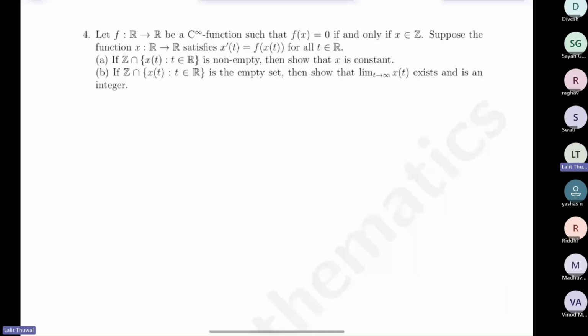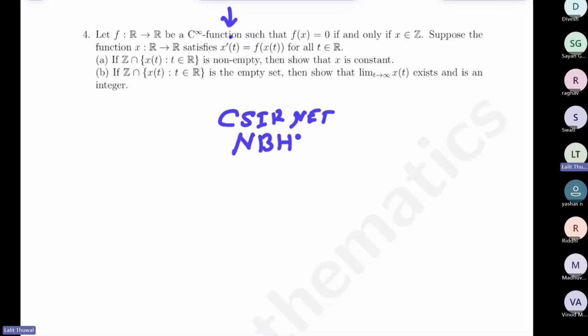And one thing I want to point out here is that these kinds of questions are often asked in different competitive exams. The same idea will be very helpful for you to solve ODE questions from CSIR NET. I have seen this kind of question everywhere: NBHM, TIFR, ISI.